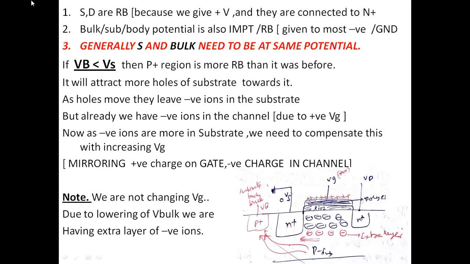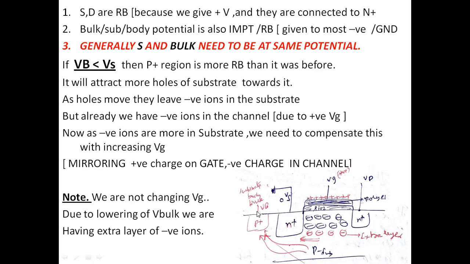What we need to understand here is that generally the source terminal and the bulk terminal, or the substrate or the body, need to be at the same potential. Suppose I have the condition where VB, the bulk voltage, is less than the source voltage. Here this P plus region is more reverse biased than it was before.